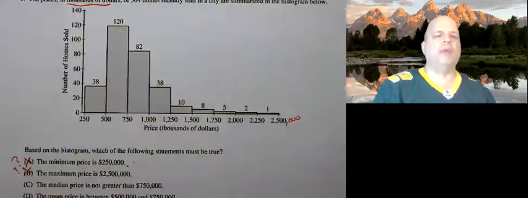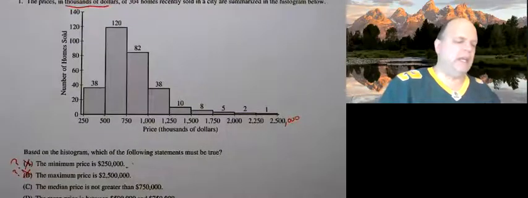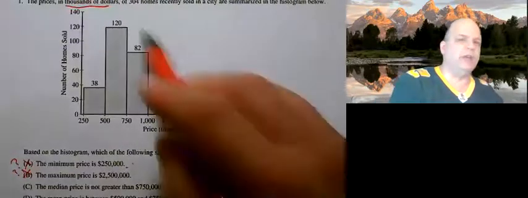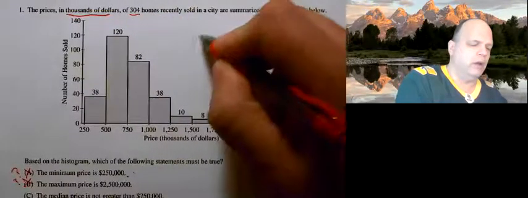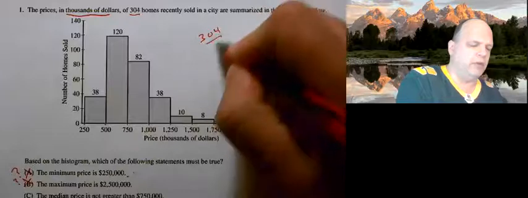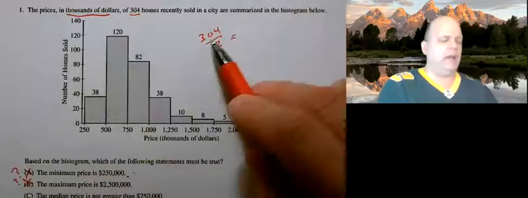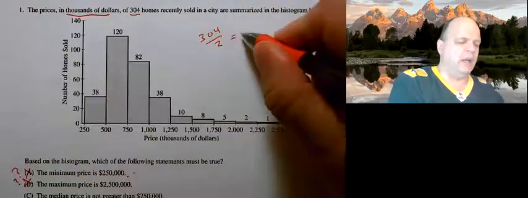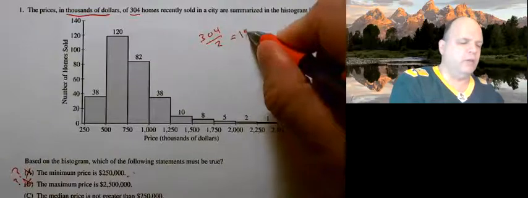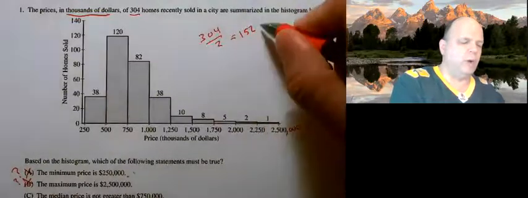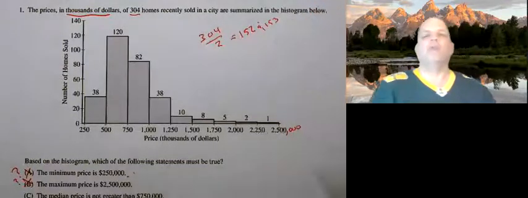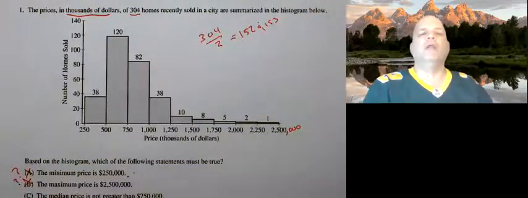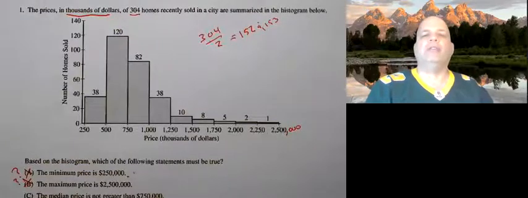Then they asked for the median price. Well, the median is the 50th percentile. So we're going to take the 304 homes and divide that by 2. When I do that, I end up getting 152. So somewhere between the 152nd and the 153rd is where the median price is.